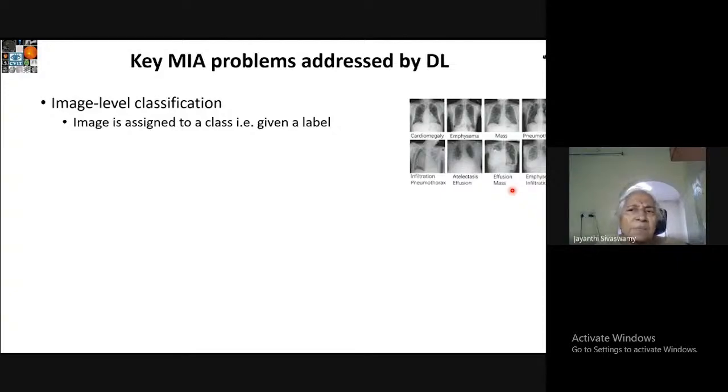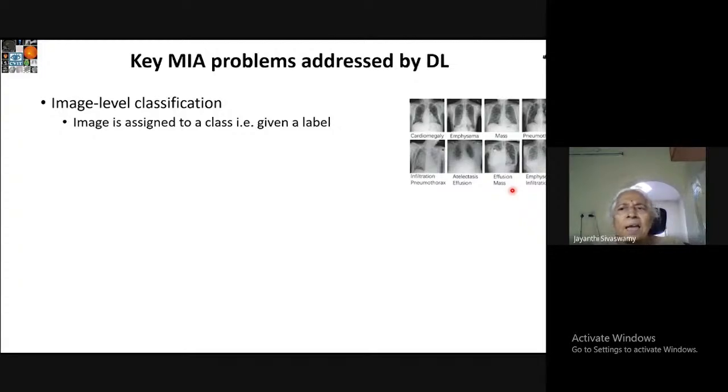So cardiomegaly means enlargement of the heart. Emphysema is basically some kind of pneumonia-like disease. There is a mass in the lung, pneumothorax, then infiltration, and so on and so forth.